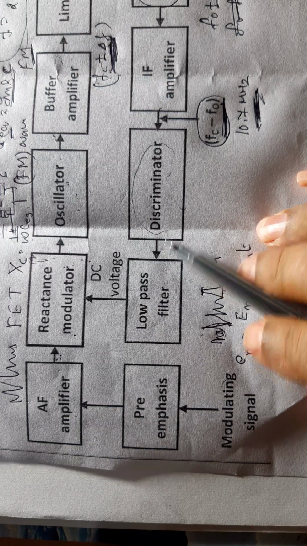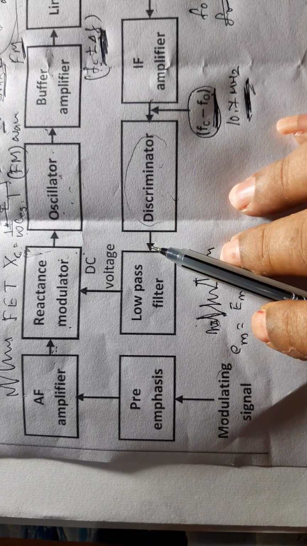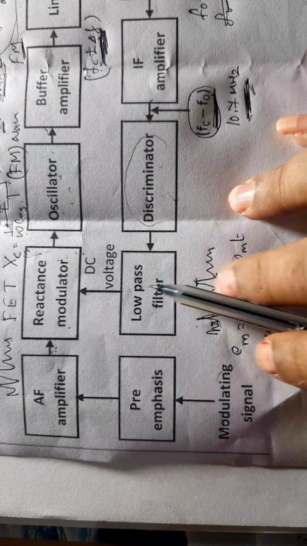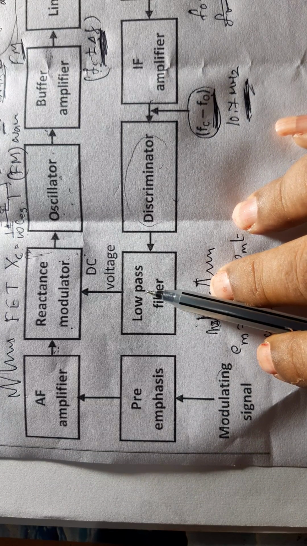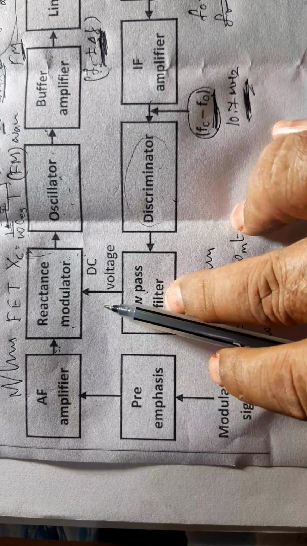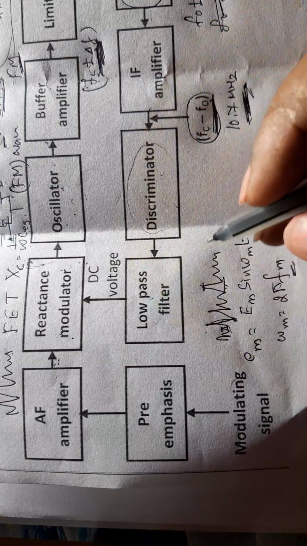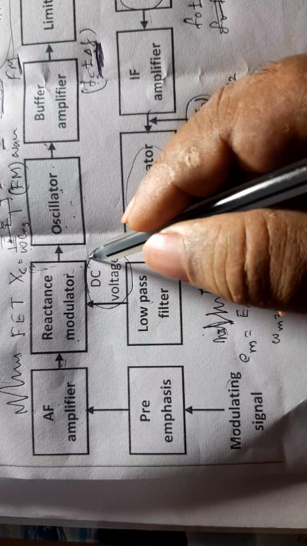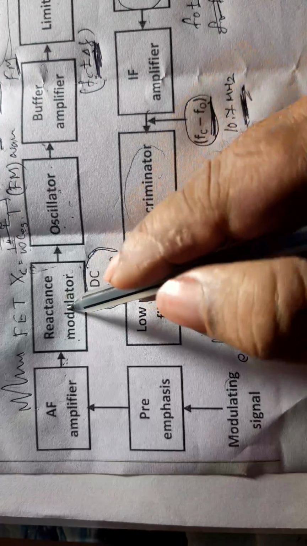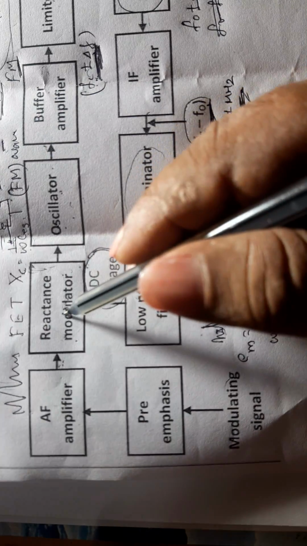The AC signal is converted into DC voltage. After passing through the low pass filter, the low frequency is allowed at the output and the high frequency is removed, and that low frequency is a DC voltage. This DC voltage is fed to the drain point of this reactance modulator.